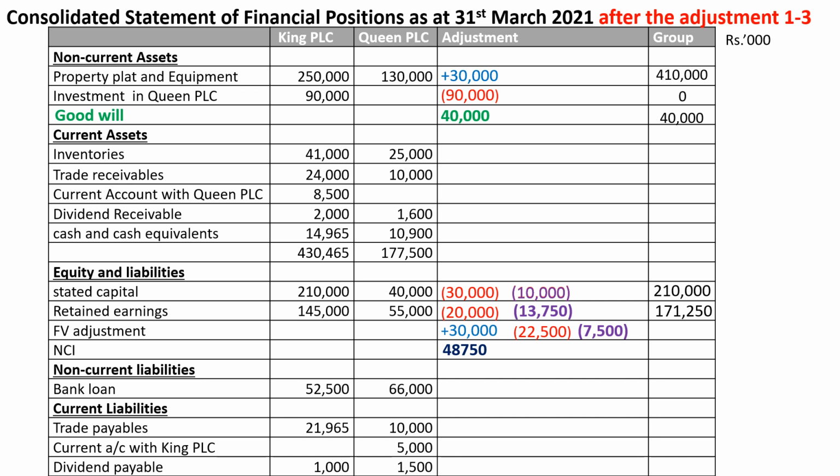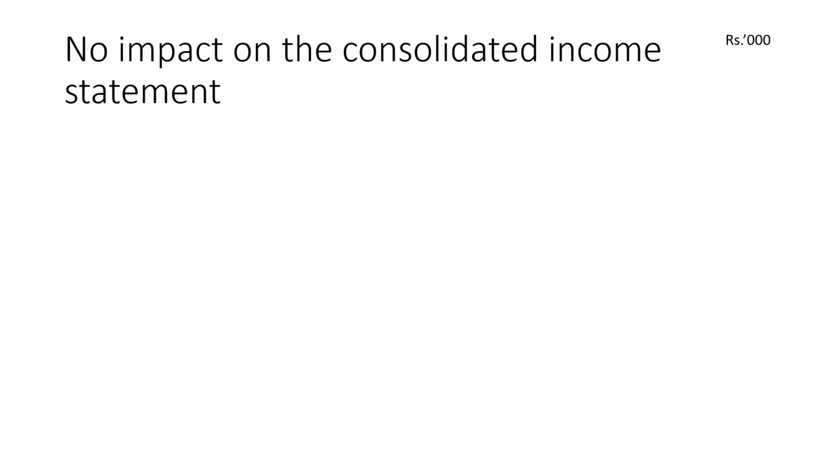Then the fair value adjustment account, we don't have a balance. And in the non-controlling interest account, we can see the first three transactions referring to the goodwill calculation. Therefore, there is no impact on the consolidated income statement.